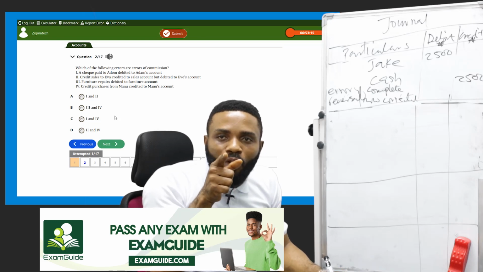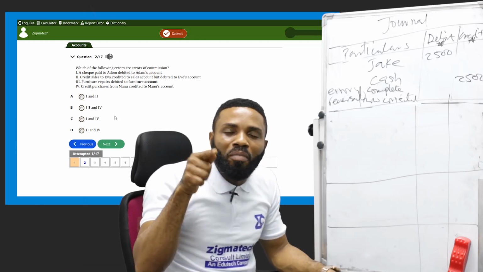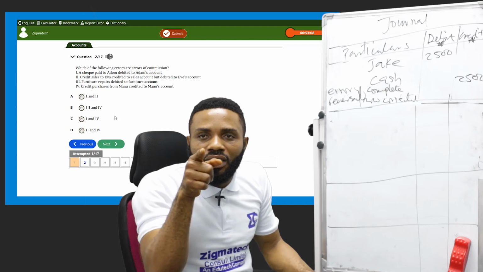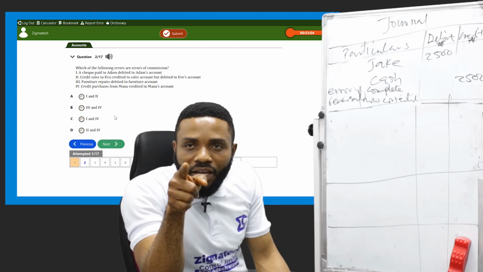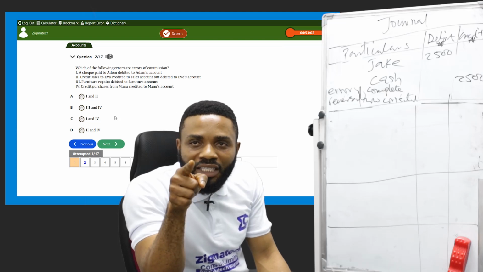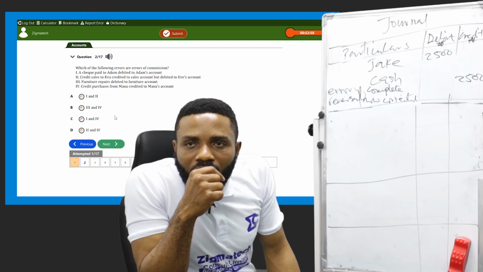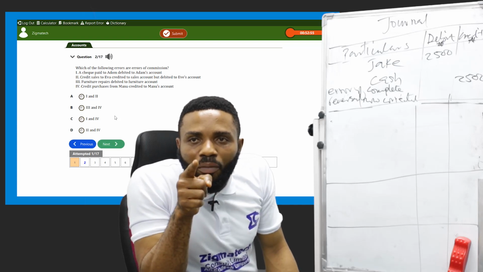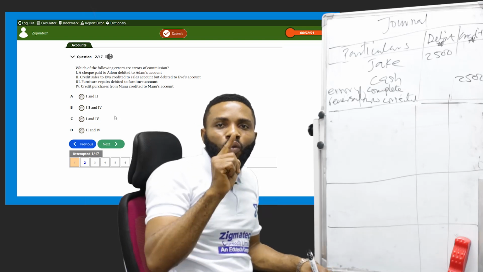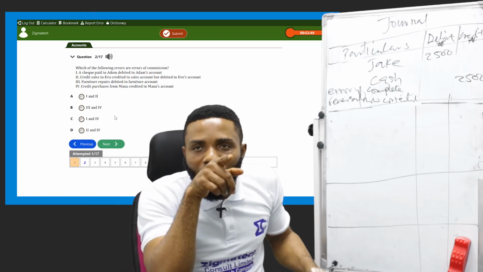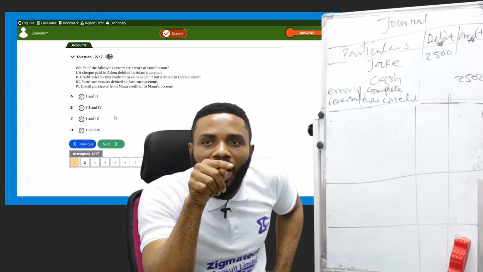Credit purchase from Manu credited to Manu's account. This credit that we are supposed to pay to Manu has been credited to Manu's account. Okay, it's going to be 1 and 2. The last one is the same thing. M-A-N-U and then M-A-M-U.